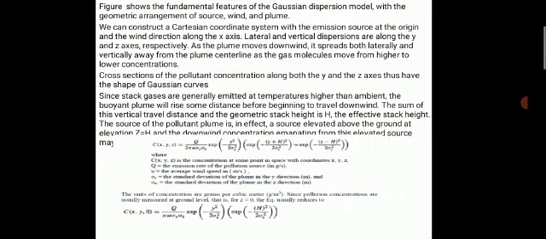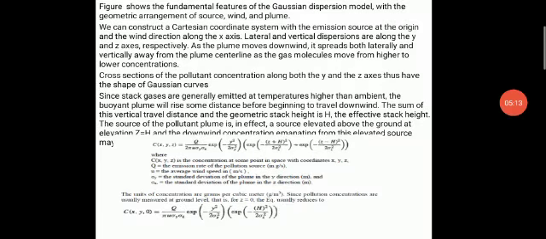These are the equations which are used to determine the concentration of pollutants in a plume or ambient air at a specific point.